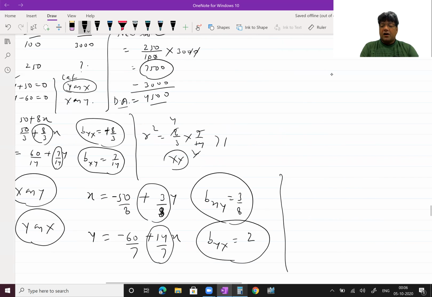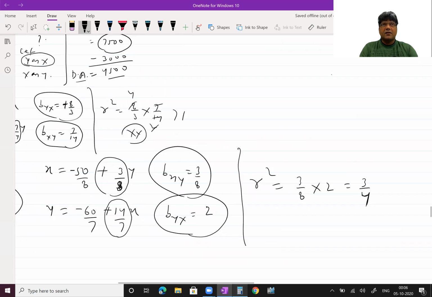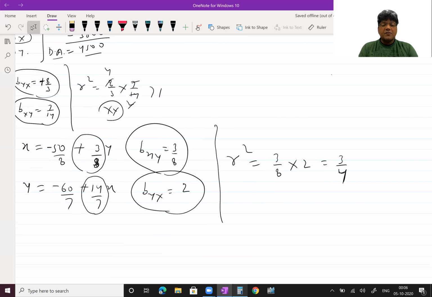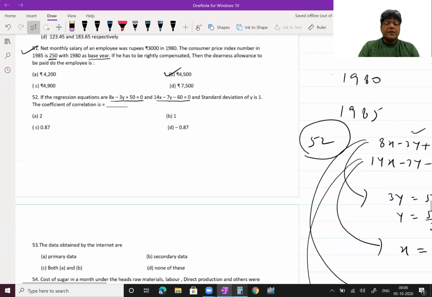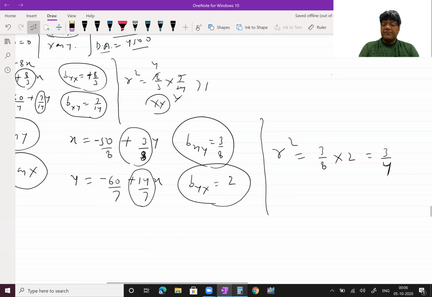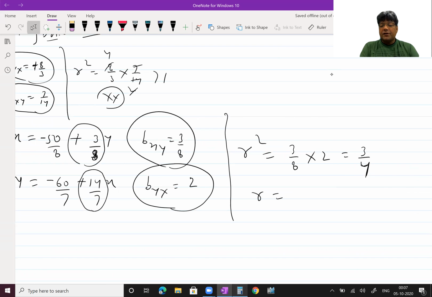Now your r square is equal to bxy into byx, that is 3 by 8 into 2, which becomes 3 by 4. It lies between 0 and 1, so this is correct. They have asked to find the coefficient of correlation. So your coefficient of correlation will be plus root 3 by 2.